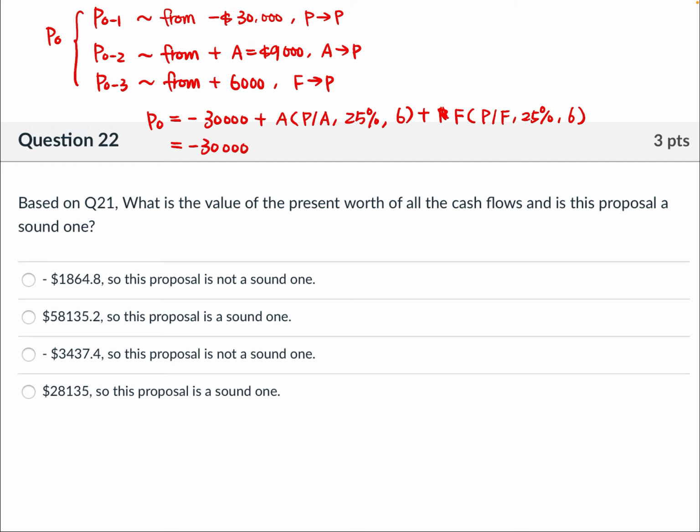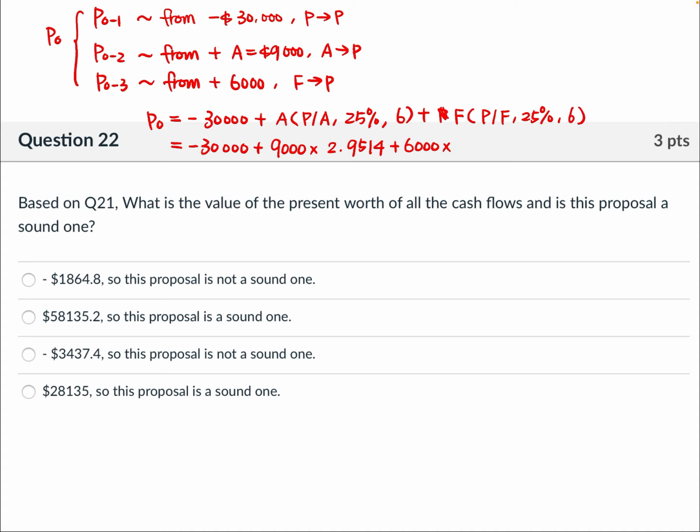Okay, and then you just need to substitute the letters with the numbers. So 30,000, still 30,000 negative. A is 9,000. The factor of P/A, 25%, 6 is 2.9514. And F, the future value, is 6,000.